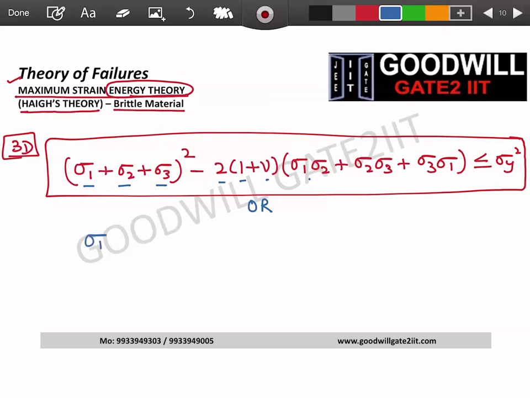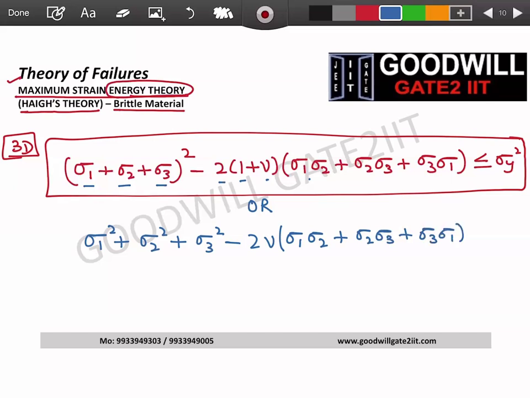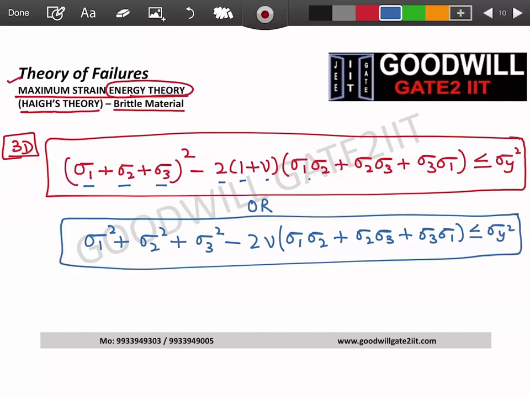I'm again telling you, this is the same expression, just applying some maths formulas. Any one formula, or at least both, take a picture in your mind and keep it. If in the exam it is match the following, you can mark it.